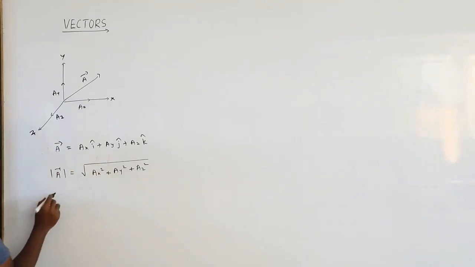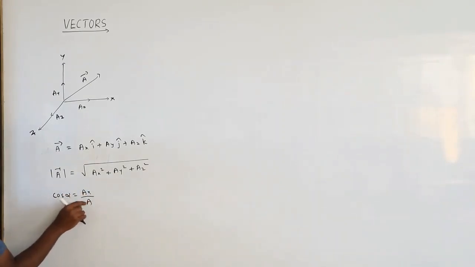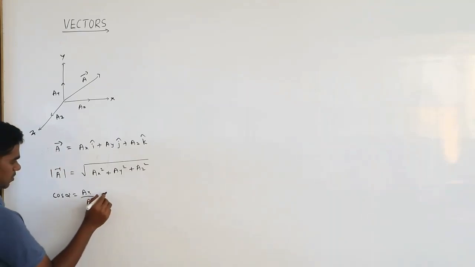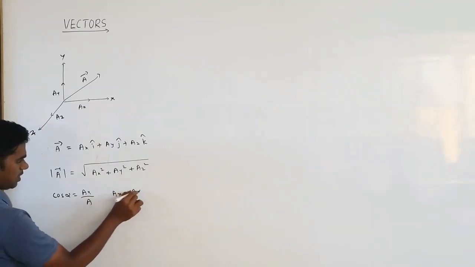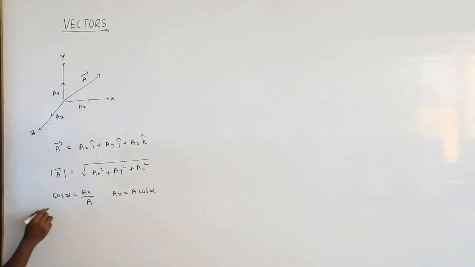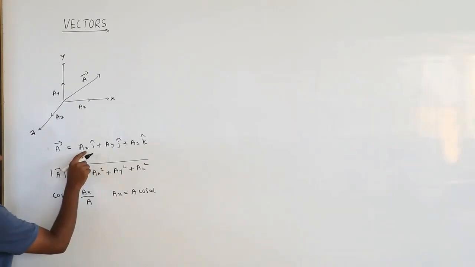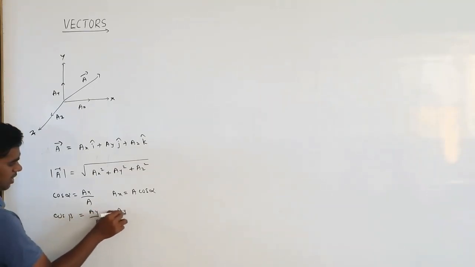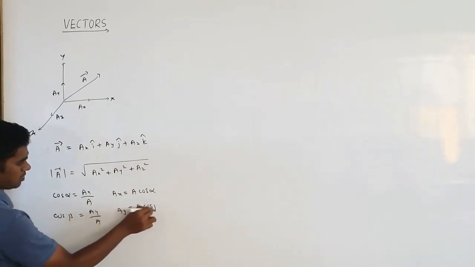And how can we find Ax, Ay, Az? That also we have discussed. We know that cos alpha equals Ax by A. If you already know A and alpha, you can find Ax, the component along x. So Ax equals A cos alpha. Similarly, cos beta equals Ay by A, so Ay equals A cos beta.